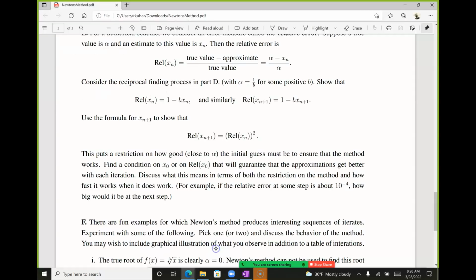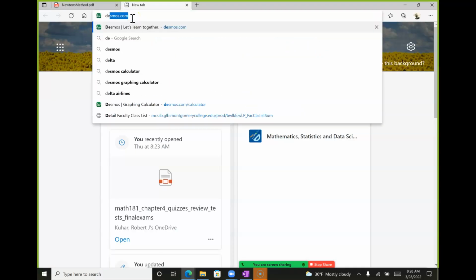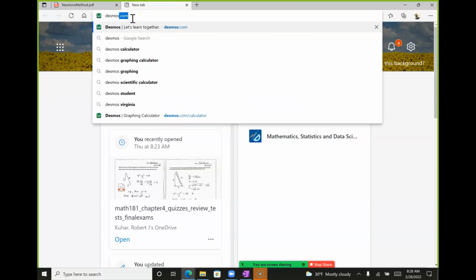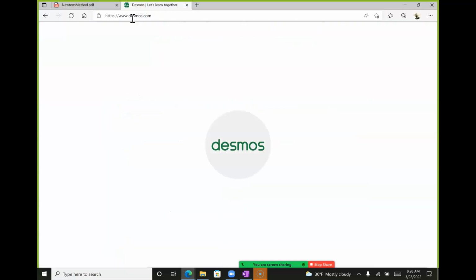I like to use Desmos. You should be practicing with Desmos and your calculator, because on your test you only have your calculator.